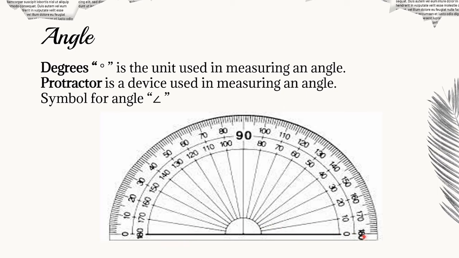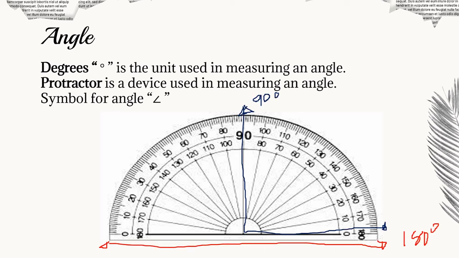Protractor has 0 to 180 degrees. Kapag ito, nag-straight line na yan, 180 degrees. At sa gitna, pag ganito, 90 degrees.